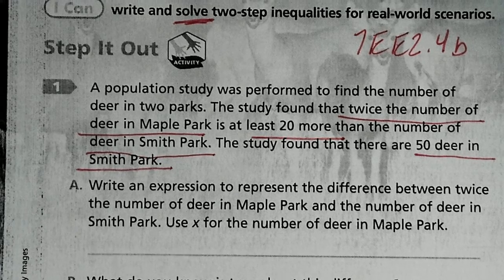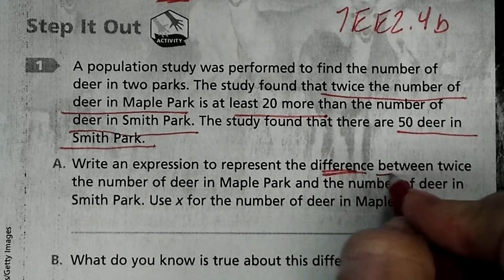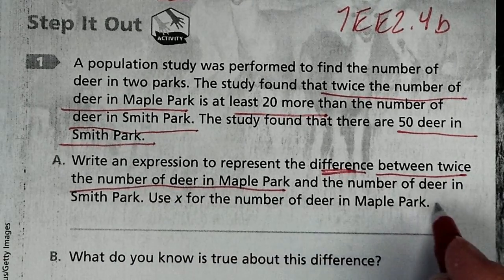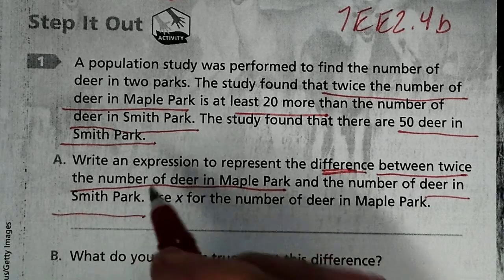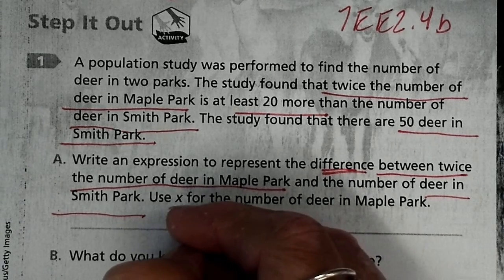It says, write an expression to represent the difference between twice the number of deer in Maple Park and the number of deer in Smith's Park. How many deer do we have in Smith's Park? What does it tell me? 50.